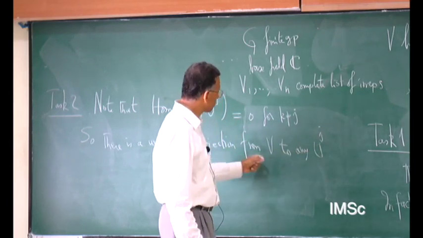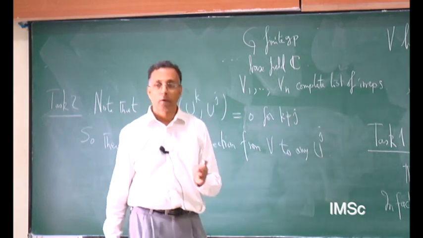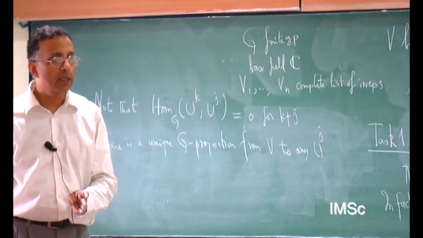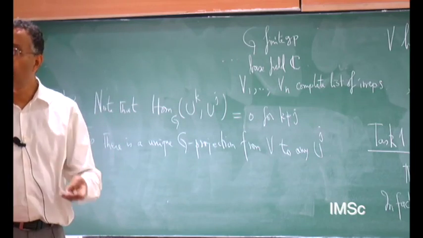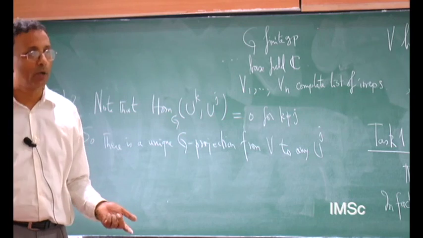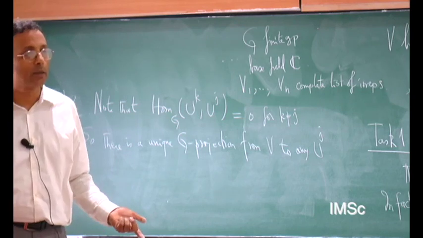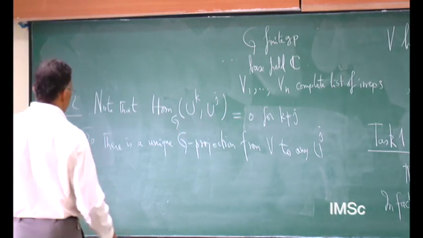Why is there a unique projection from V to U1? On U1 it must be the identity. On U2 it must be 0, on U3 it must be 0, and on Un it must be 0. So it is determined everywhere on V. Therefore there is a unique projection.